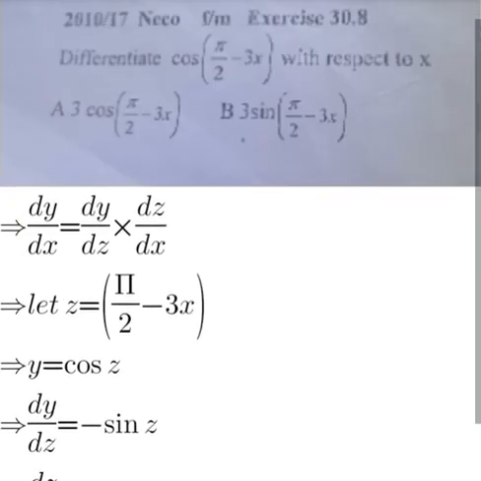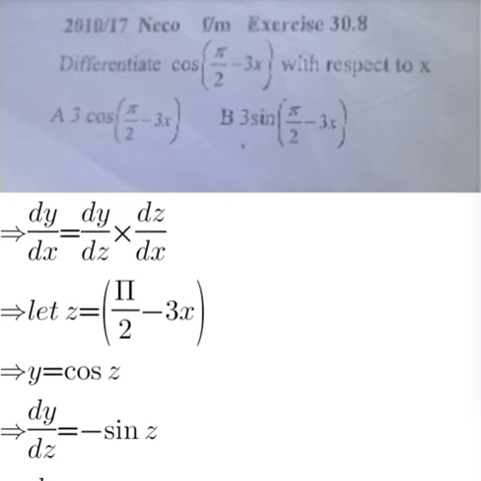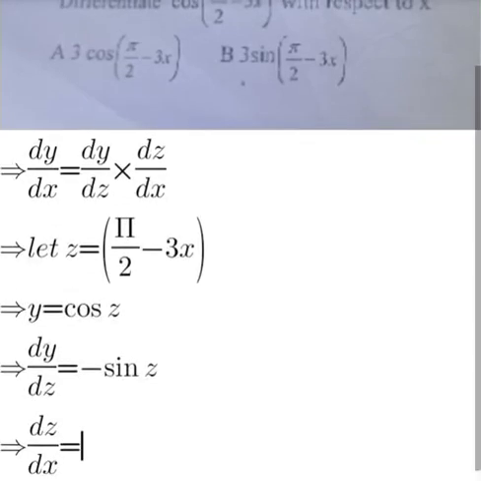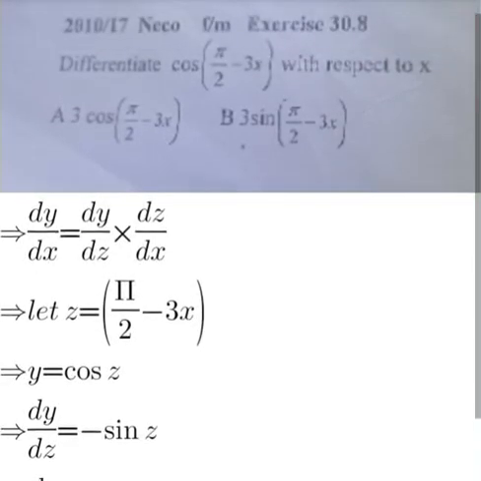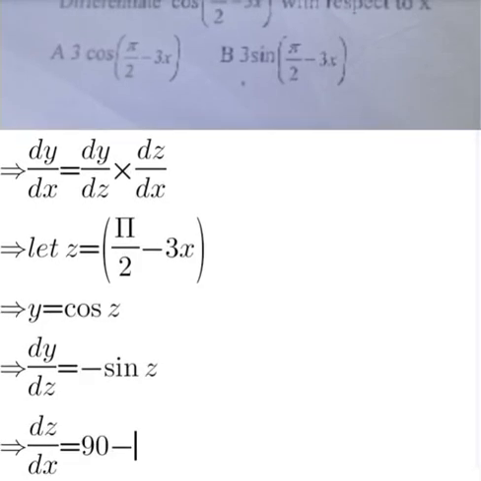Of course, we know that pi over 2 is 90 degrees, so it's going to be 90 minus 3x. Of course, we know whenever we are differentiating, the power is going to multiply the constant, so it's going to be 1 times 3 times x to the power of 1 minus 1, which is equal to 0.